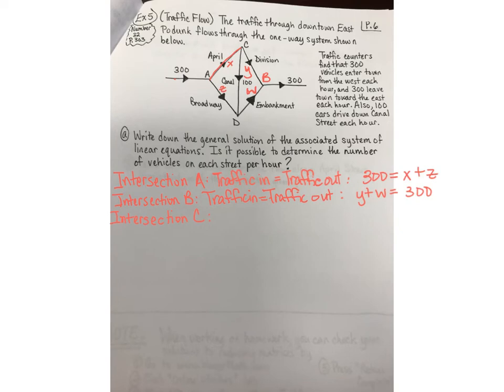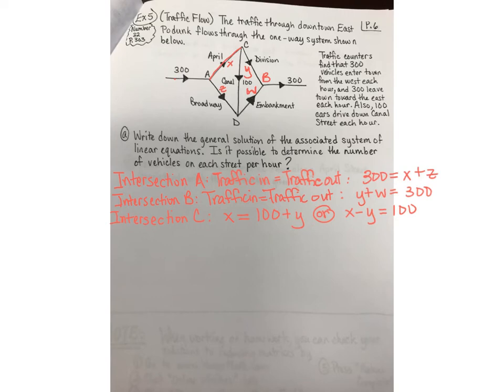So traffic into intersection C, we have X. Traffic out of intersection C is 100 plus that Y. Okay, so you have X, that's your traffic in, is equal to your traffic out, which is 100 plus Y. Or putting all the variables on one side, we have X minus Y is equal to 100. That's just manipulating this same equation here.